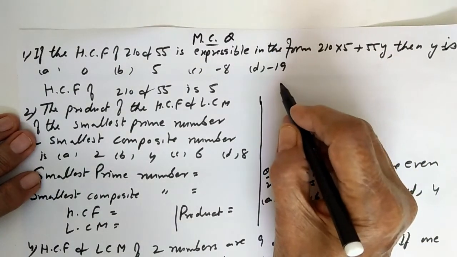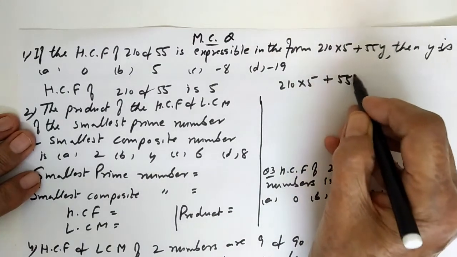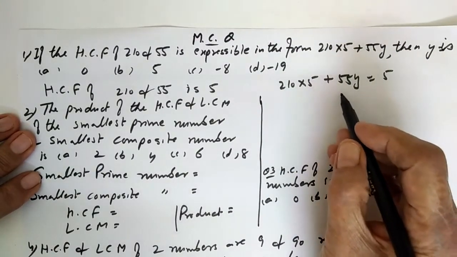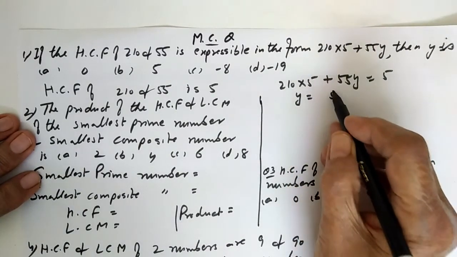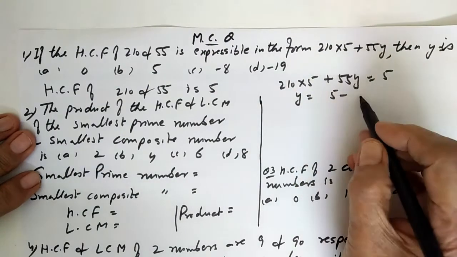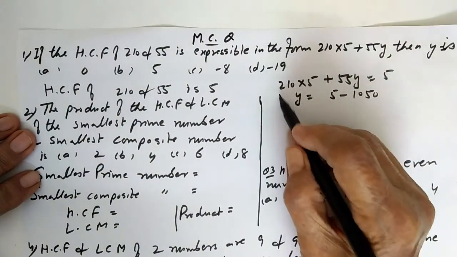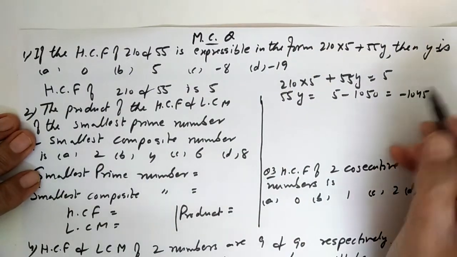Now it means 5 is equal to this number. So this is 210 into 5 plus 55y is equal to 5. I want to find y. Y is equal to 5 minus 210 into 5 is 1050. इसको अभी 55 रहने दीजिए. Minus 1045.